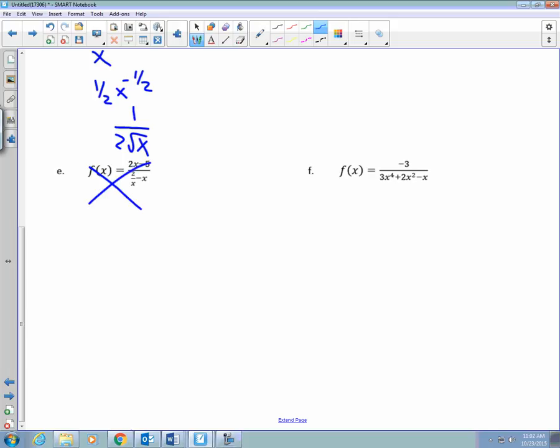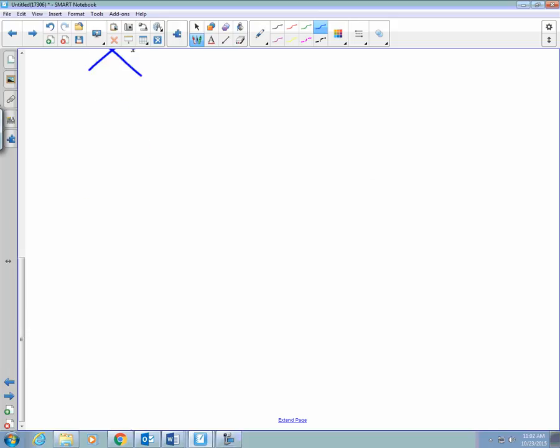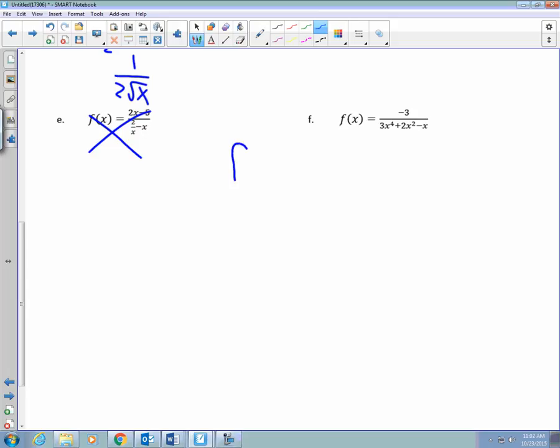F, do you think it's product rule or quotient rule? It is the quotient rule. And it's really nice. What's the derivative of the top? 0 times the bottom is 0. So nice that is.